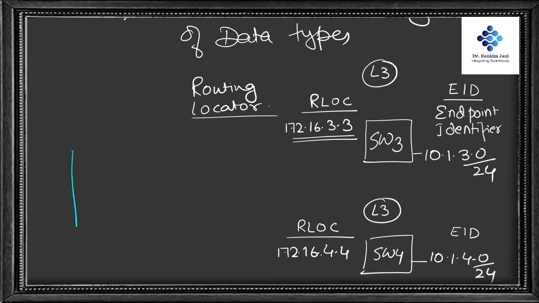The main one over here is our Lisp map server. Now, as we said, Lisp has tremendous capability to handle all sorts of devices, right? So when it is handling all different devices, what it will do is say, let me make a list.